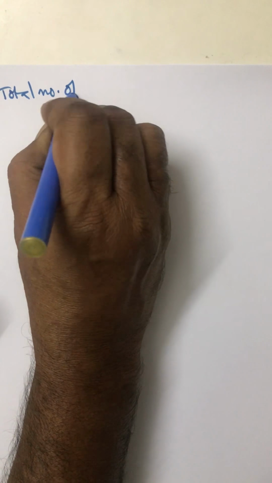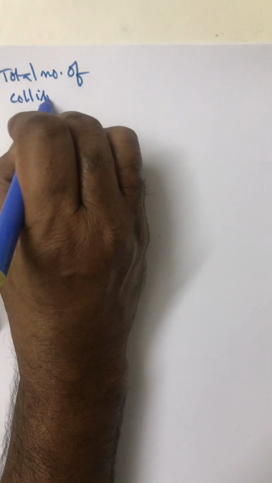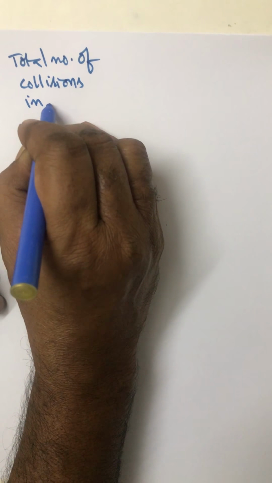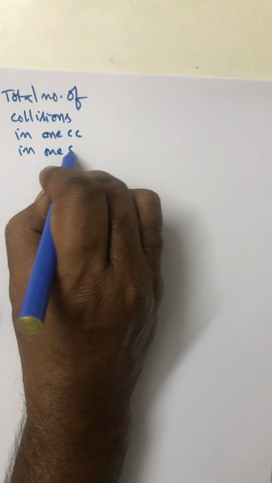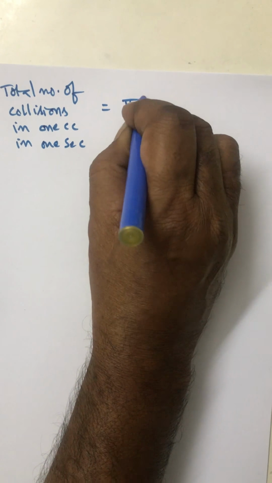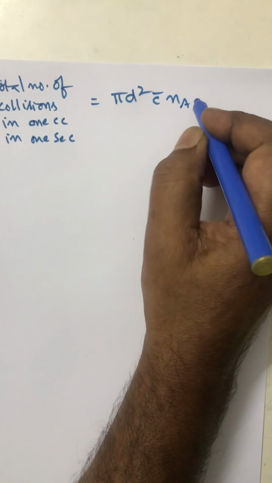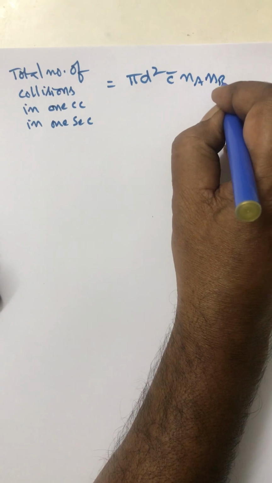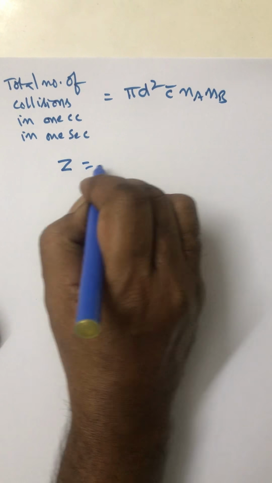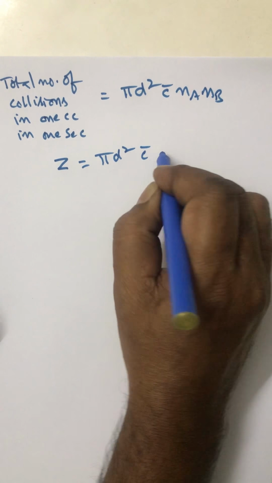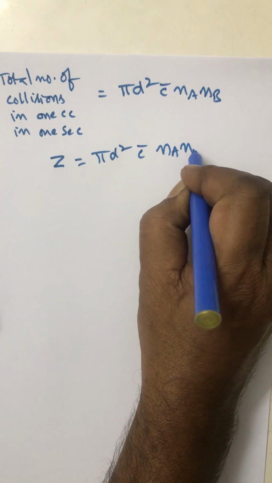The total number of collisions in 1 cc in 1 second can be written as pi d square nu bar, NA, number of molecules of A, NB, number of molecules of B. This is the Z: pi d square C bar NA NB.